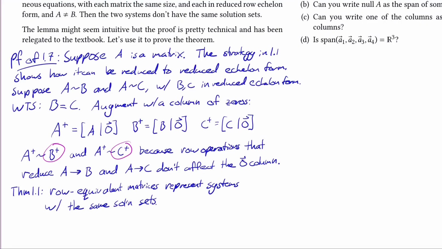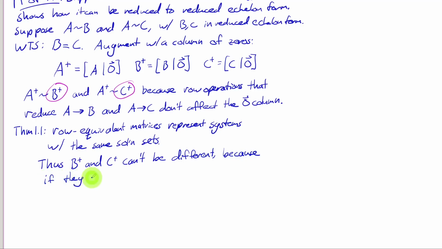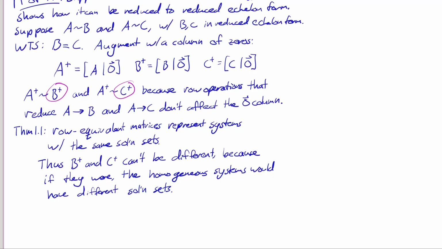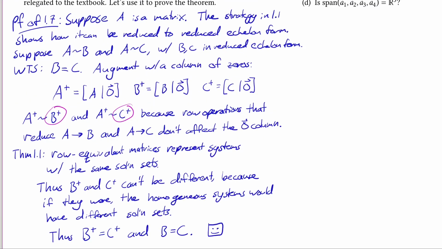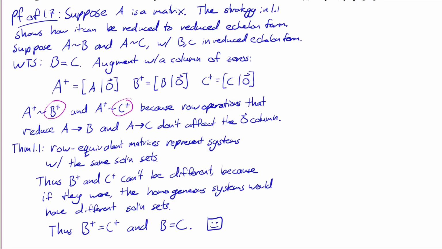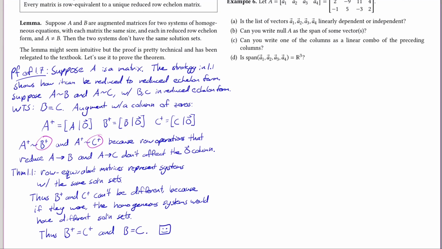But we just showed that they do have the same solution sets. So we can say the augmented matrix B plus is the same as the augmented matrix C plus, and that means C must be equal to B. So that shows that if there are two reduced row echelon matrices that are each row equivalent to A, then it's really only one matrix. So that proves the theorem that the reduced row echelon matrix is unique.